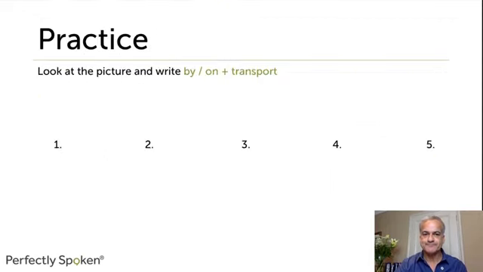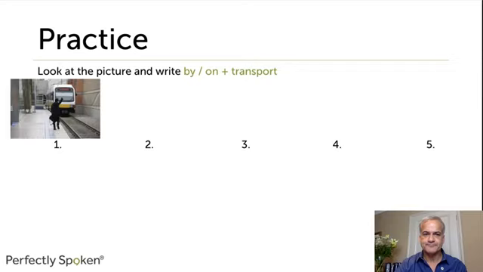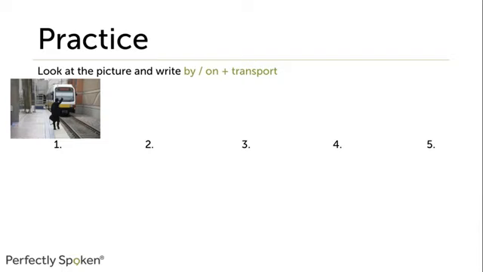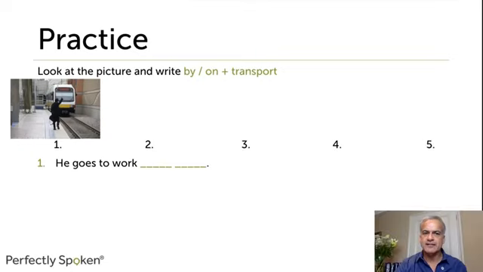Right. So look at the picture. Look at the picture and write by or on and the transport. So in the picture, he goes to work by or on? Correct, by train.